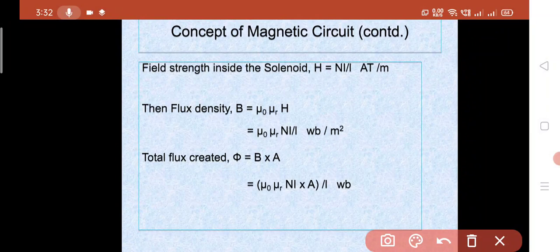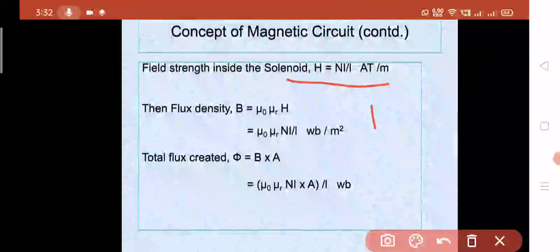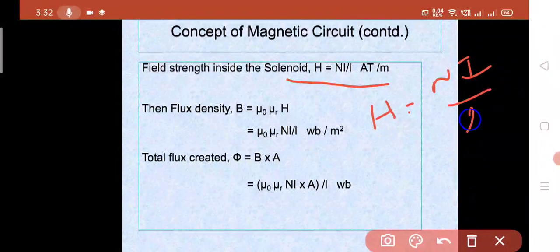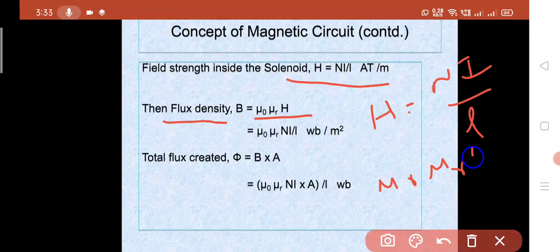Next one, the field strength inside the solenoid. So H is equal to NI by L. So the flux density B is equal to mu naught mu r H. Substitute the value of H here.